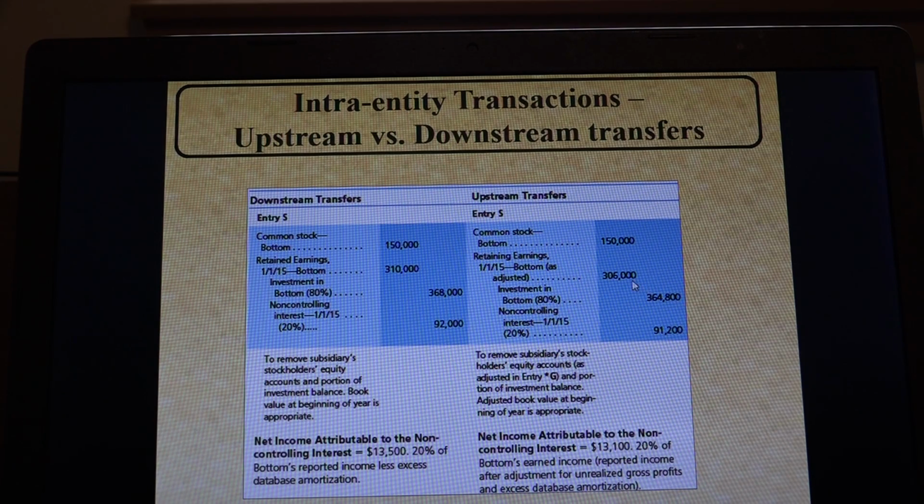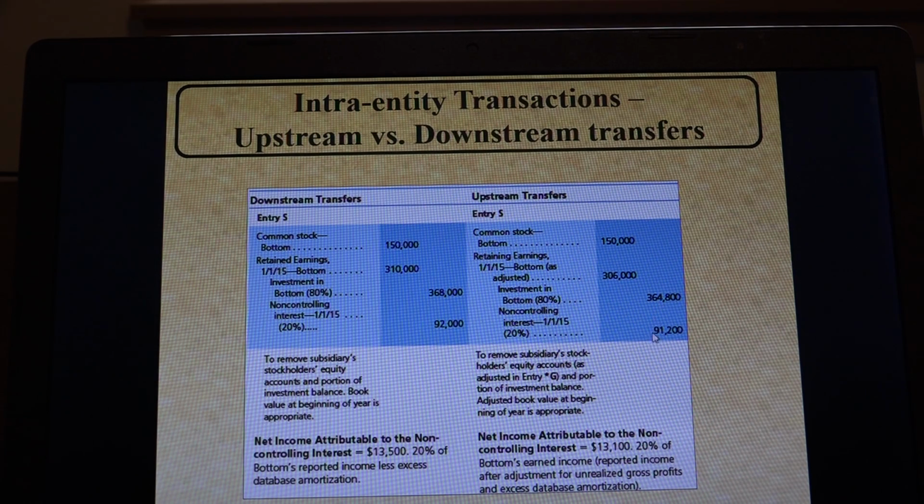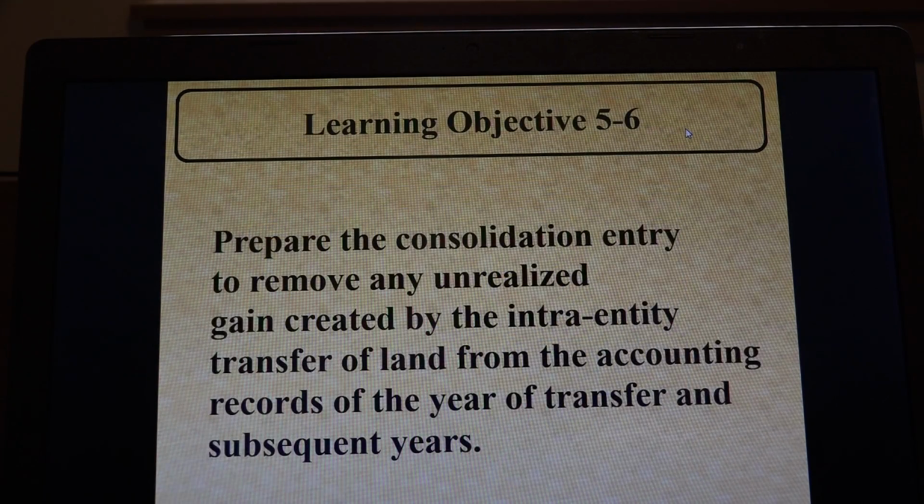So essentially what happened here? Well, 80% of the reduction went to Top's controlling interest, and then 20% of the reduction went to the non-controlling interest. So, not too hard. Should be pretty easy.